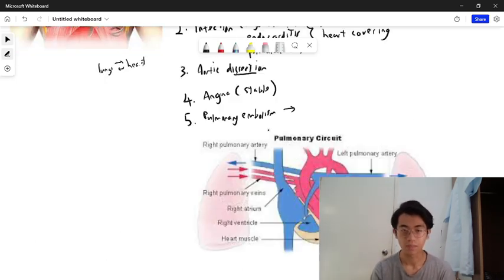If you take a look at this picture, it shows the artery and vein supplies of the heart and the lungs. In the case of a pulmonary embolism, the pulmonary artery, the artery, not the vein, okay? Not the vein. This left and right pulmonary artery are blocked by an embolus.